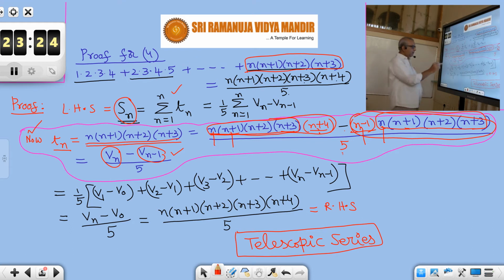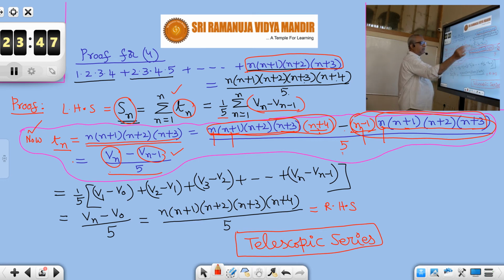So, taking this value of Tn, I will replace it here. Sn equals sigma Tn. In place of Tn, I will put this value, 1 by 5 into, so 1 by 5 is taken out. In the bracket, I get Vn minus 1. So, let us expand this sigma.